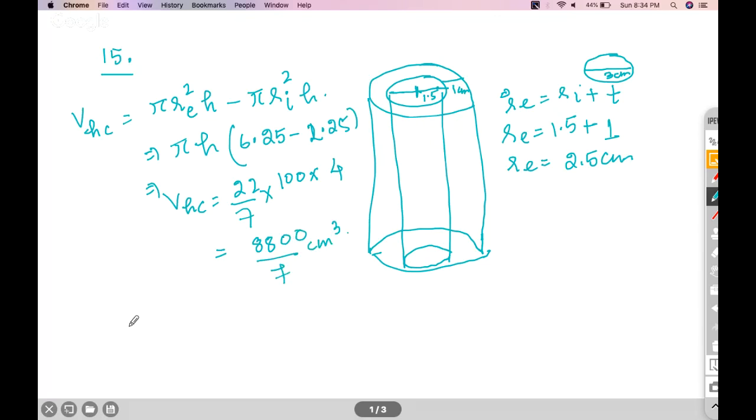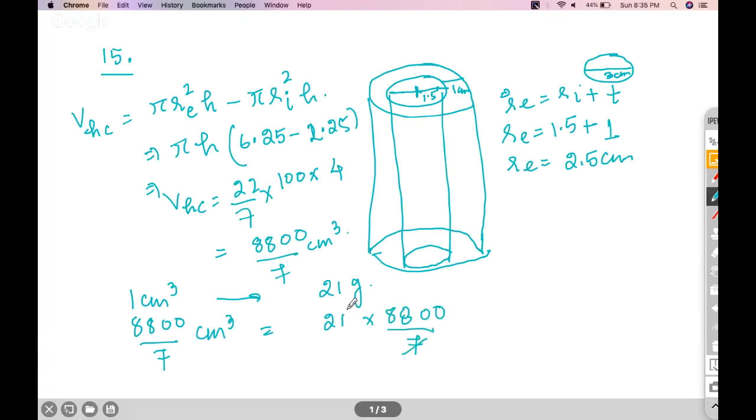Now for 1 centimeter cube, the weight is 21 grams. So for 8800 by 7 centimeters cube, it will be 21 into 8800 by 7.